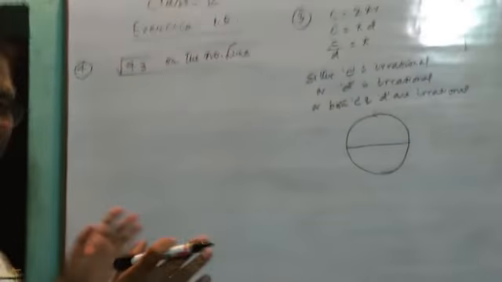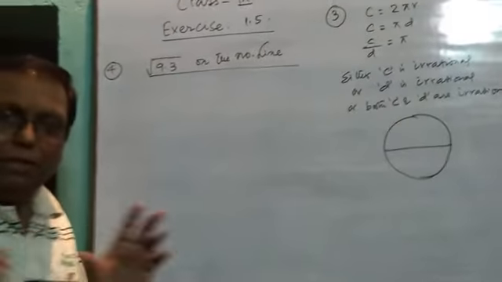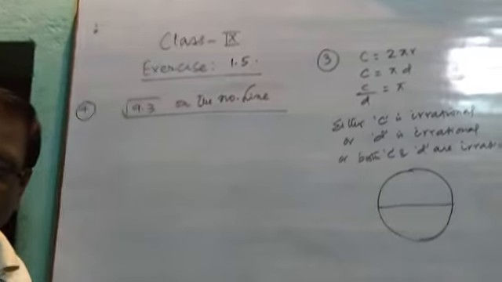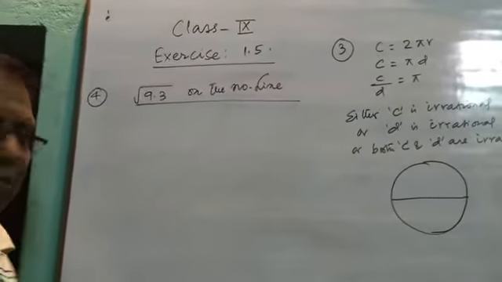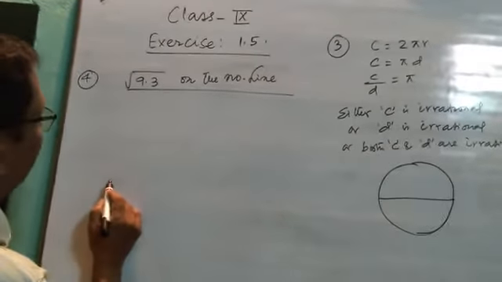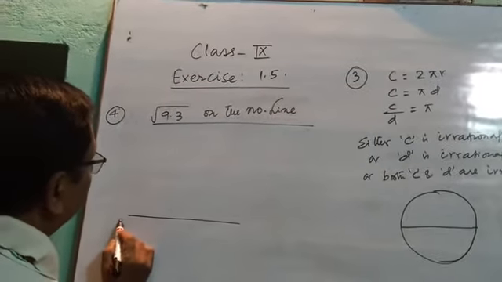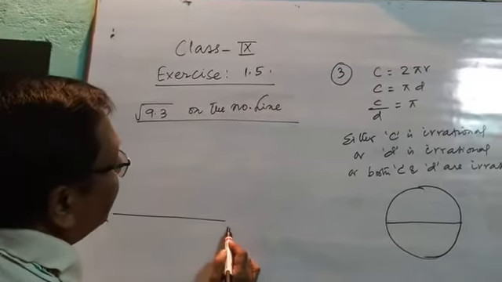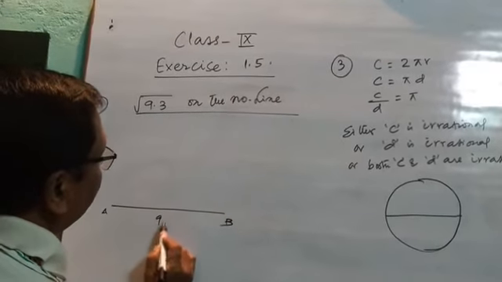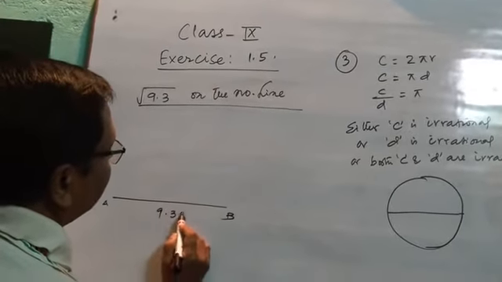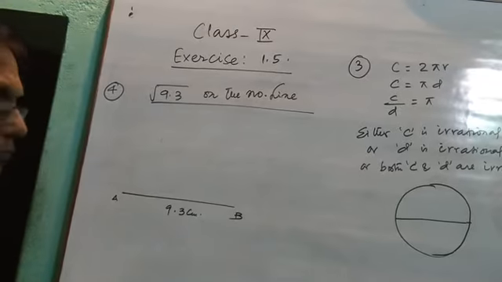Simply, I am doing it in a rough way on the paper. You will do it with the help of your scale, compass and instruments. You first draw a line segment of 9.3 centimeter. Let AB be a line segment whose measure is 9.3 centimeter.